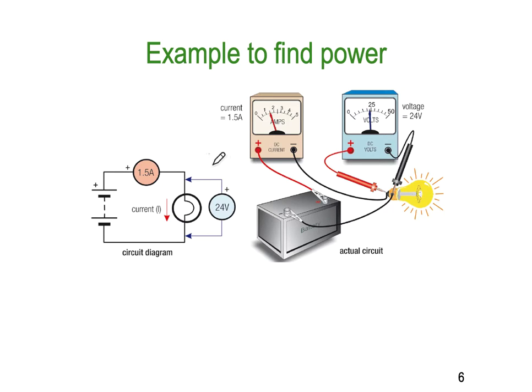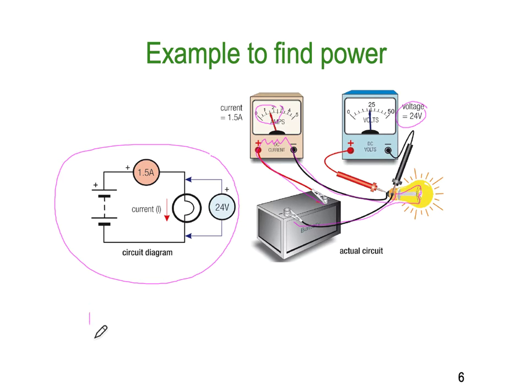So there's the circuit diagram and the connection diagram. You can see here our ammeter. Again, ammeter always in series with the load, up through our load and back to the battery, and our voltmeter connected in parallel. So just to reiterate, 1.5 amps and 24 volts.